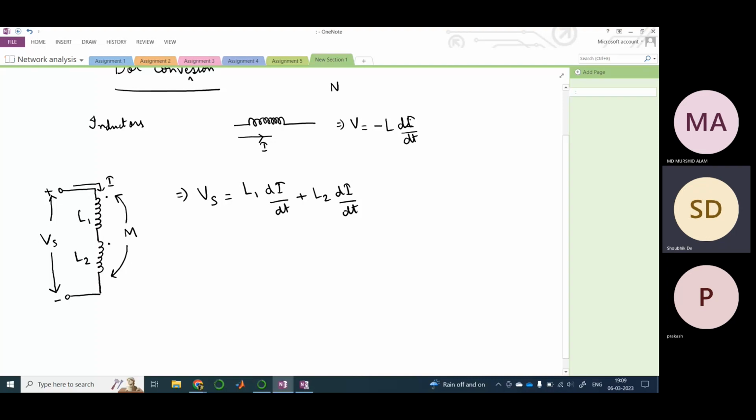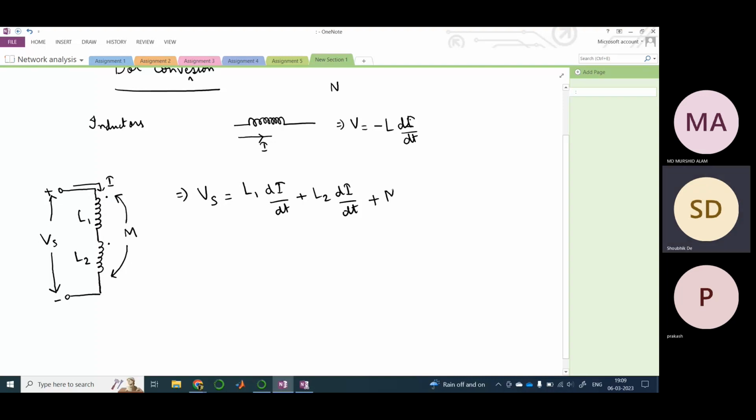Similarly, the dot is present at the upper side of L2 as well, right? So if this happens, then we will say that the voltage induced by inductor L1 on L2 would have the same sign as that of L1 itself. So basically, same means the sign would be the same. If I write this in an equation, it would be something like this.